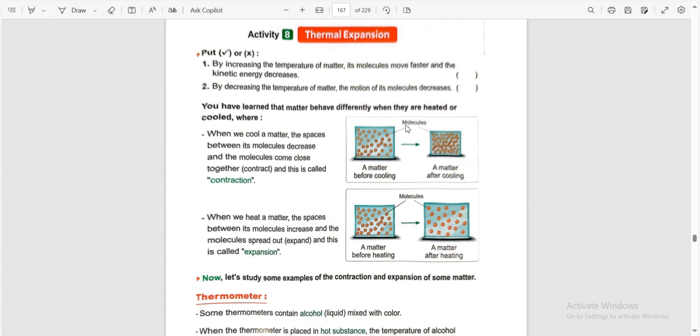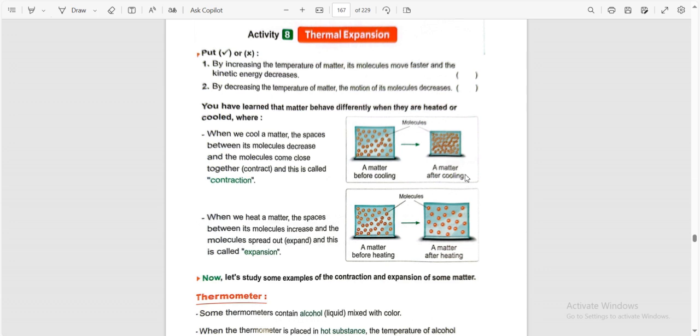How? When we cool something, this means when we decrease the thermal energy of anything, matter contracts. So the size becomes smaller. But when we heat something, it expands.